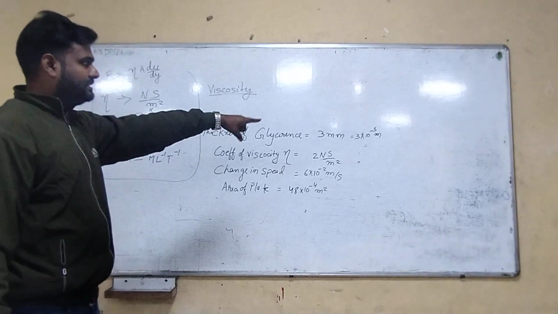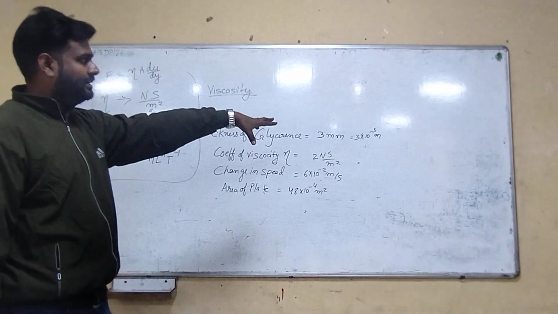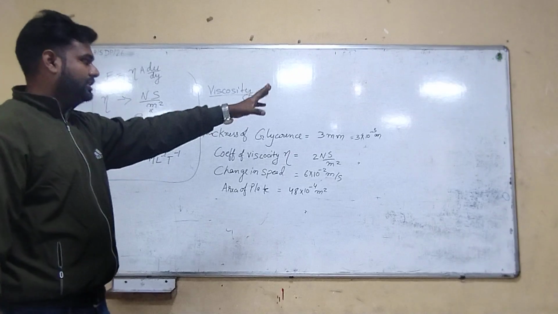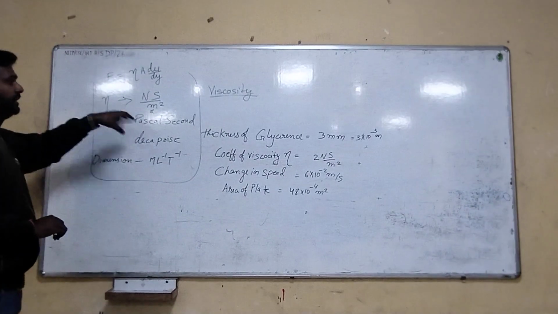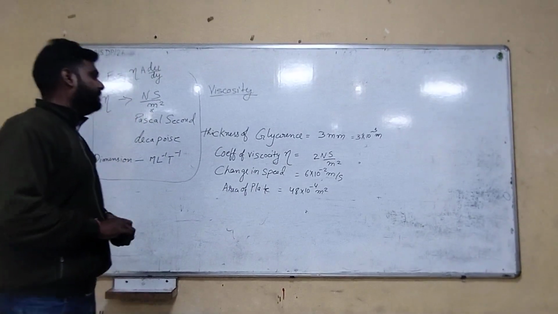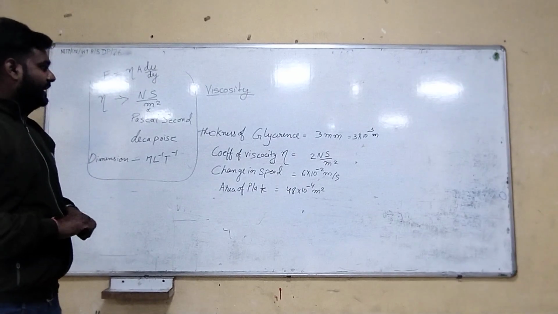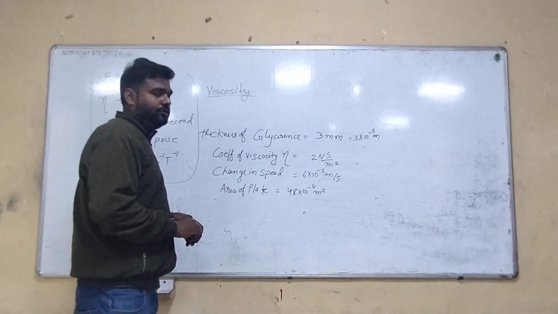The thickness of glycerine, which is a semi-liquid fluid, is 3 mm, or converting to meters, 3 into 10 to the power minus 3 meter. The coefficient of viscosity is 2 Newton second per meter square. The change in speed is 6 into 10 to the power minus 2 meter per second, and the area of the plate is 48 into 10 to the power minus 4 meter square.